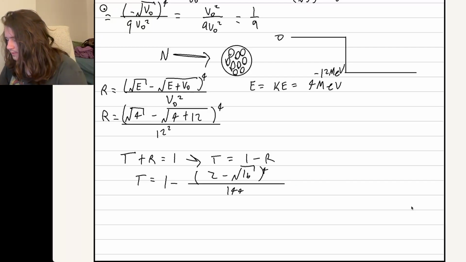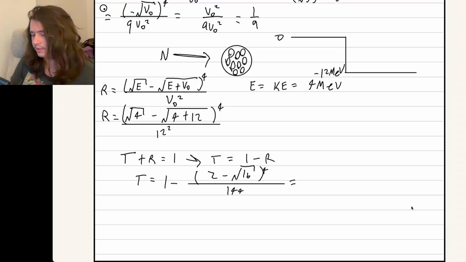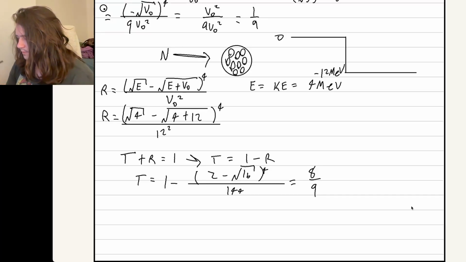And I don't think that that's an incredibly nice answer, so let me go ahead and calculate that. Let's see, we got 1 minus 2 minus square root 16 to the 4th, divided by 144. Oh, it is an incredibly nice answer. It's about 8/9.